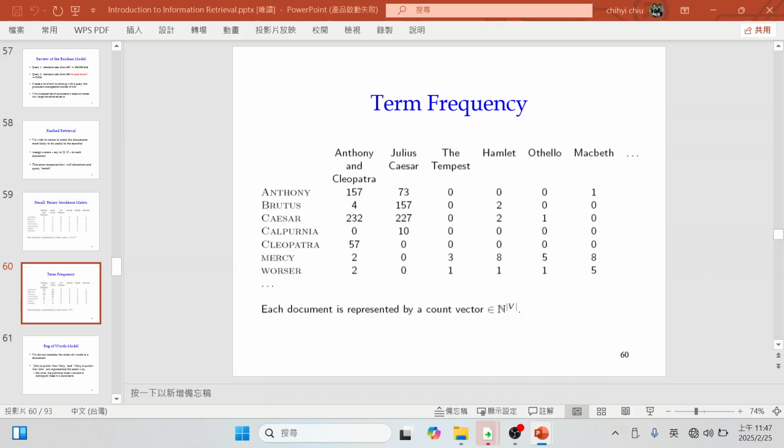For example, the first play has 157. This means the word Anthony appears 157 times in the first play. And for the second play, Anthony appears 73 times. So now we use the term frequency to represent the document and term relation.